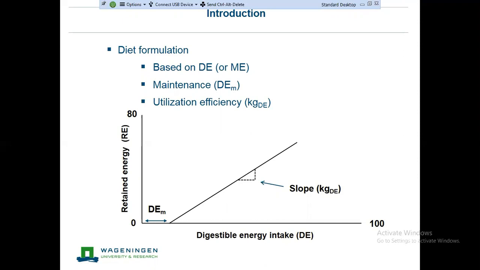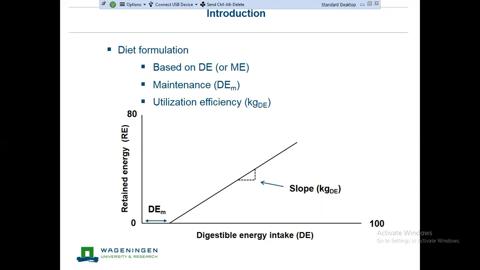So I just try to make the difference clear between the model utilization efficiency and the calculated utilization efficiency, because this approach is based on the model.